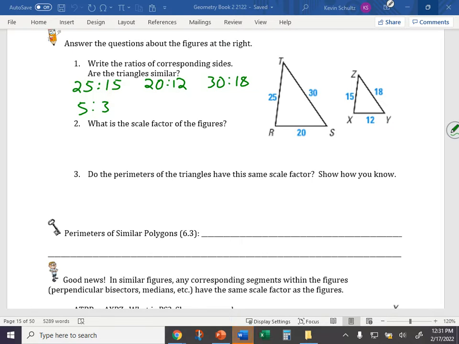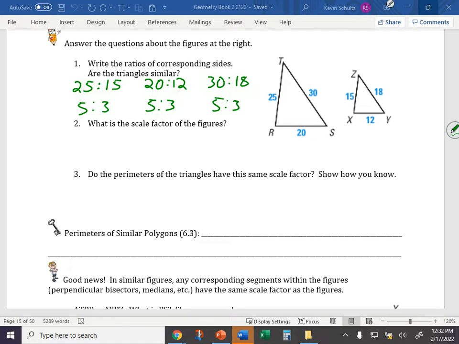What does 20 to 12 simplify to be? 5 to 3, right? Divide both by 4. And what does 30 to 18 simplify to be? Spoiler alert, 5 to 3. Because their ratios all break down to the same simplest form ratio, they are similar.